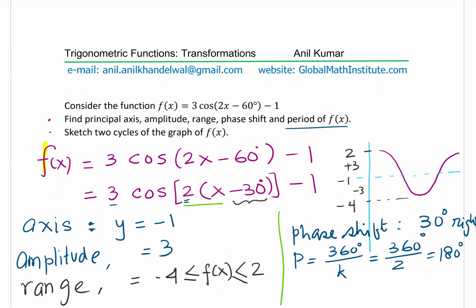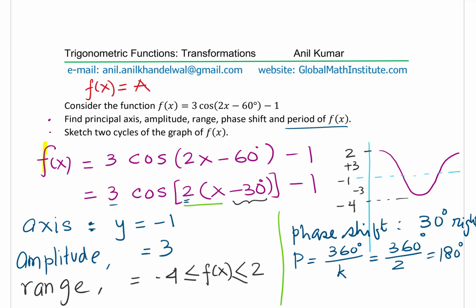In general, I will be writing the trigonometric functions as f of x equals amplitude A times, we could have a sign negative or positive depending on whether the graph is reflected or not.